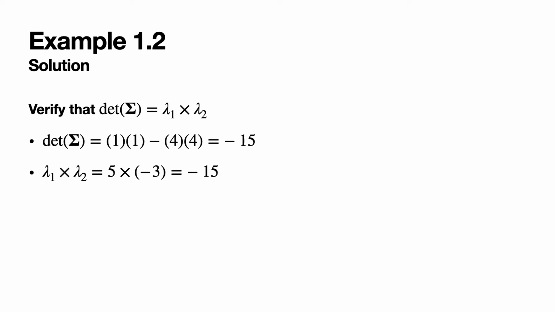And so we have 1 times 1 minus 4 times 4, 1 minus 16, or negative 15. Now the product of the characteristic roots, lambda 1 times lambda 2, is 5 times negative 3, and that, of course, is negative 15. And so we verify that in this example, the determinant of cap sigma is equal to the product of its characteristic roots.